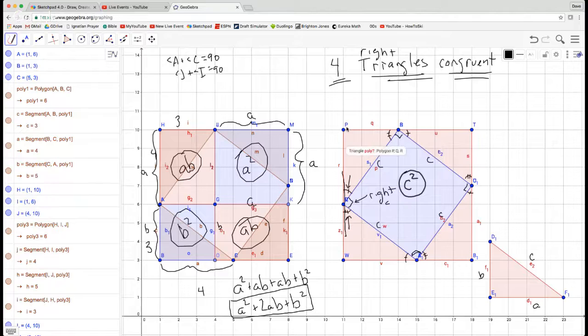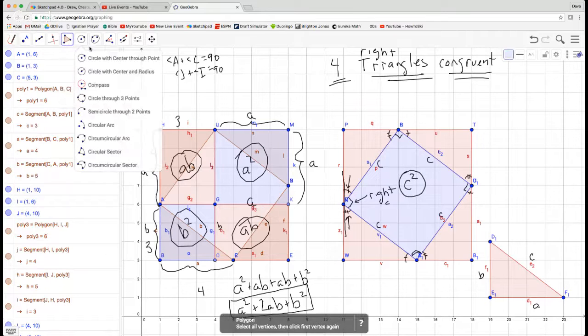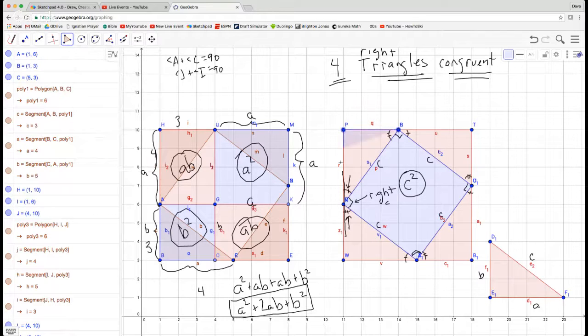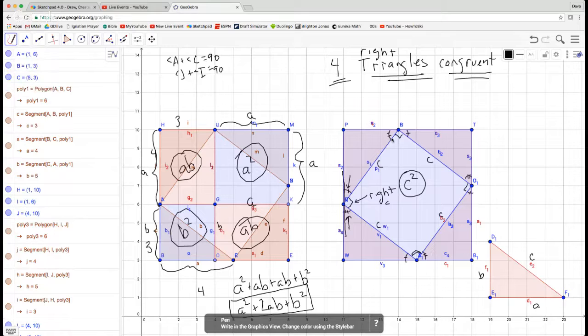Now, we're going to add up the area of these triangles, and we're going to make them green. These triangles here are all the same size. So if I find the size of any one of them, I can find the size of the other 4 without having to recalculate. So let's look at any one of these triangles.